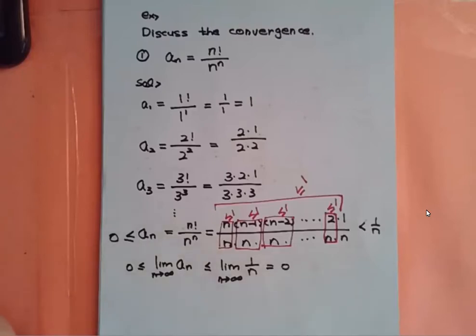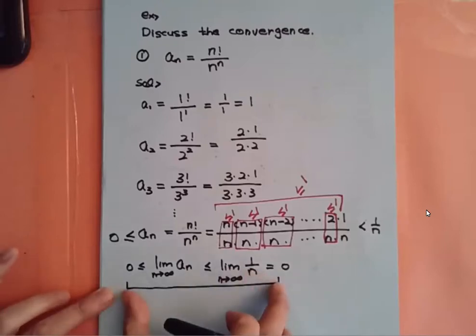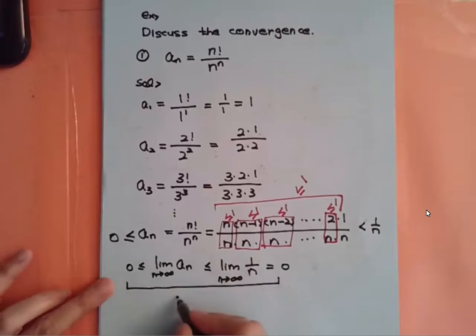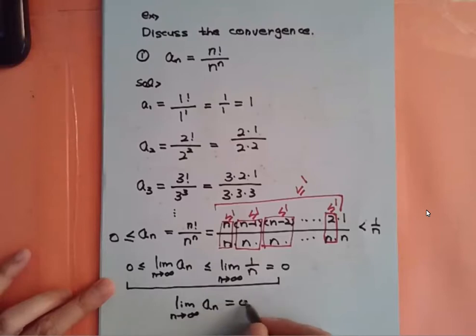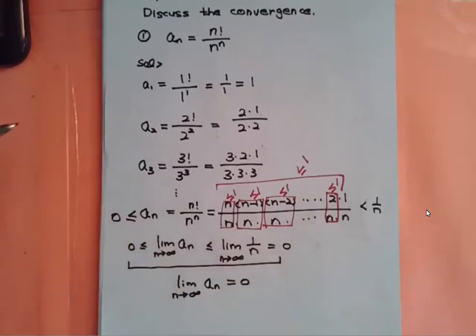The limit becomes 0. So the lower bound and upper bound are the same. So we apply the squeeze theorem. Then we can conclude that the sequence converges to 0. Any questions?